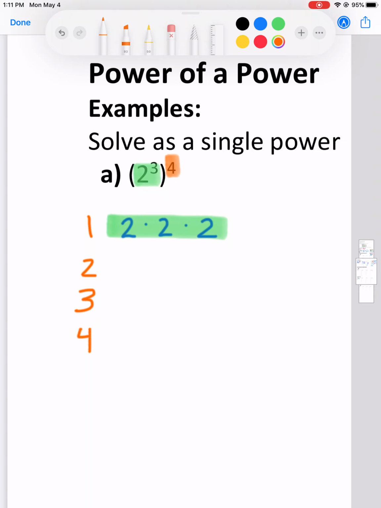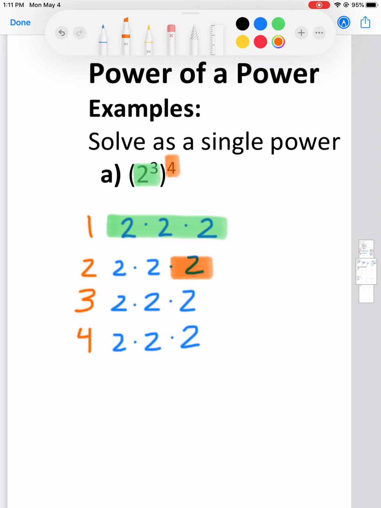And I need another one. So it'll be 2 times 2 times 2, 2 times 2 times 2, and 2 times 2 times 2. So that's what that means. The 3 means there's 3 in a section, and the 4 means there's 4 of them.